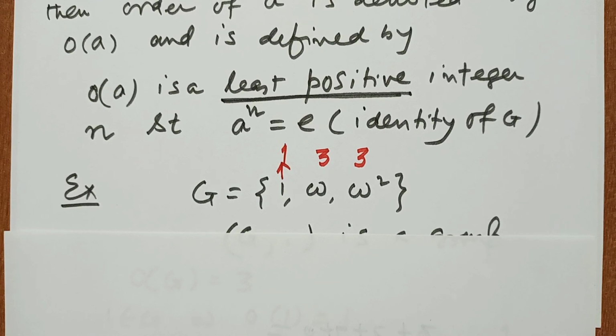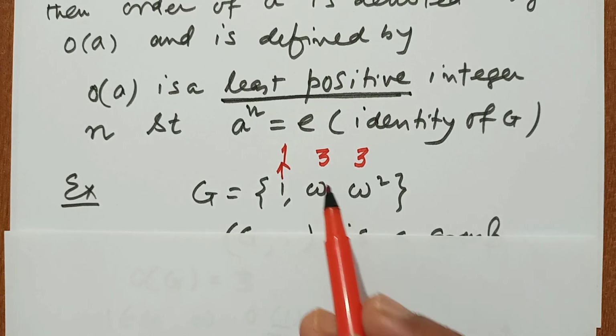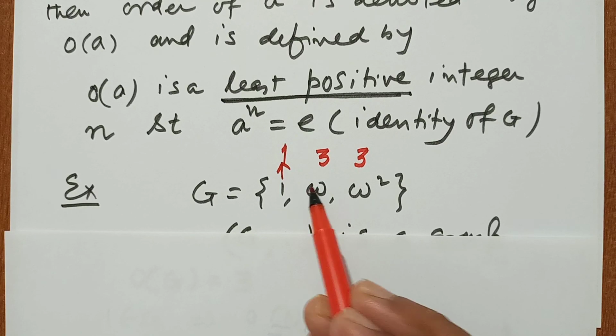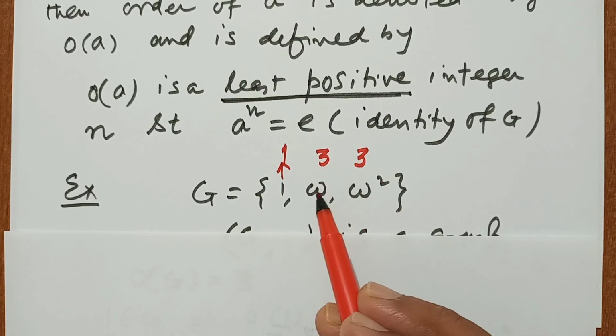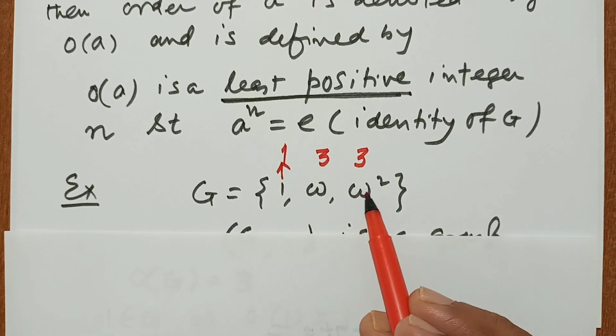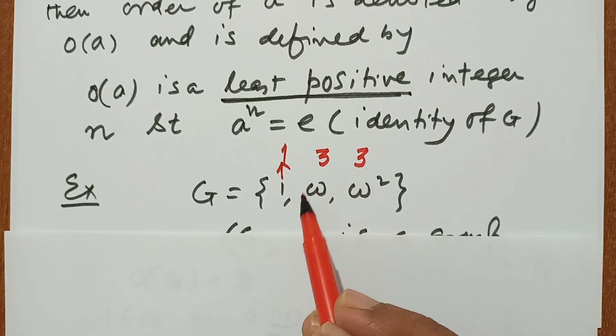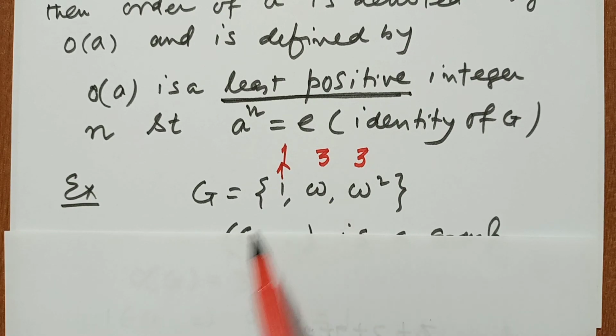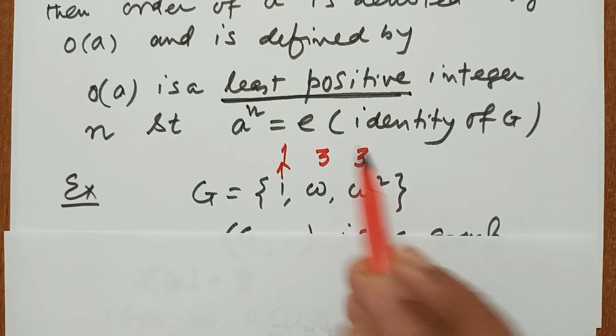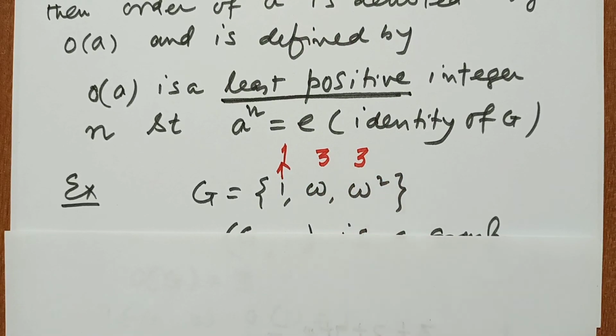Also, an important point: this is omega and this is the inverse of omega. The order of omega is equal to 3, and the order of omega square is equal to 3. The important property is that the order of an element and the order of its inverse are the same. This is very important.